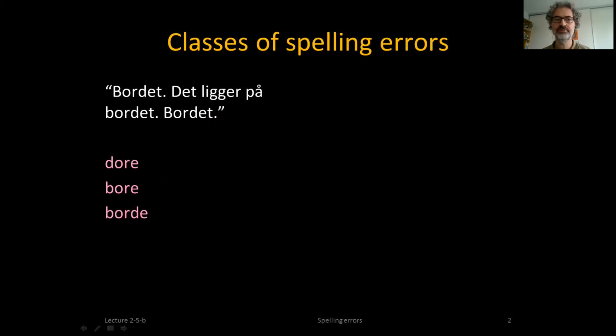If the child produces this word like that, then you can see that the child is familiar with this root. The child knows that table requires a silent D, but maybe isn't yet familiar with the convention of spelling the definite ending with a silent T. This also sounds correct if you pronounce it, although it looks incorrect.